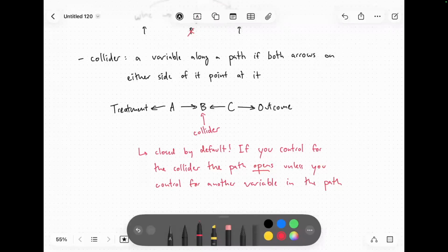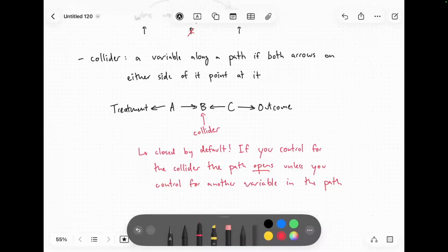So in this particular example we don't have a collider, but for colliders in general, they close the paths naturally by themselves. If you control for the collider, you actually end up opening the path.